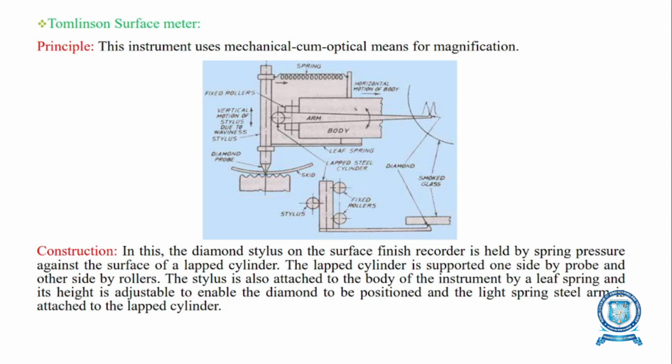So now we are going to discuss the principle of this Tomlinson surface meter. The stylus movement is restricted in the vertical direction only with the help of a coil and leaf spring.